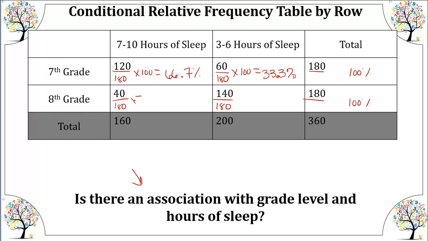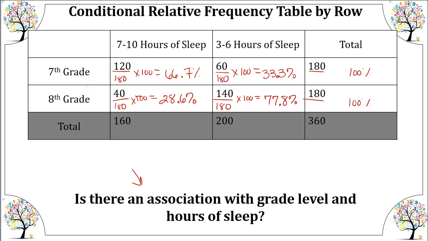Now, we need to calculate our 8th graders and see if you're an 8th grader, the probability of getting a lot of sleep is about 28.5. We'll say 28.6. And then let's see what percent get a little amount of sleep. And we can say about 77 point, and because we're rounding, we are going to have a little bit of error, but that's okay.